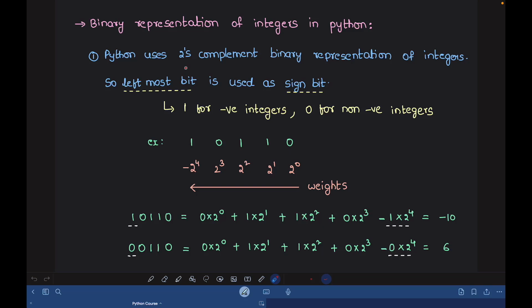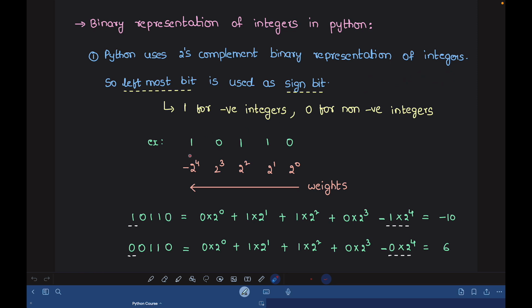Without getting into too much detail of this 2's complement representation, one important thing to understand is that in this representation, the leftmost bit is used as the sign bit, which means the leftmost bit is 1 for negative integers and 0 for non-negative integers. Non-negative includes 0 and all positive integers as well, right?